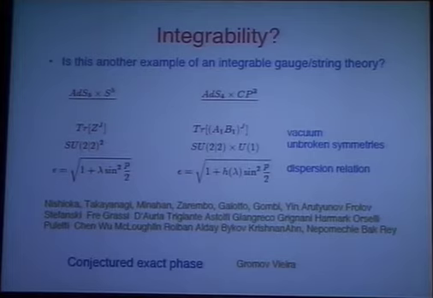And indeed, many of the steps were repeated. For example, in the paper by Minahan and Zarembo, they looked at the weak coupling spin chain, and they found that it was integrable in the relevant sectors.